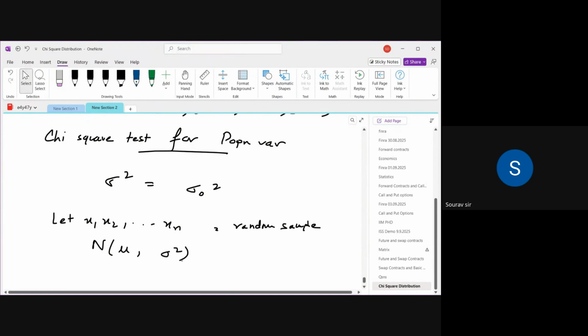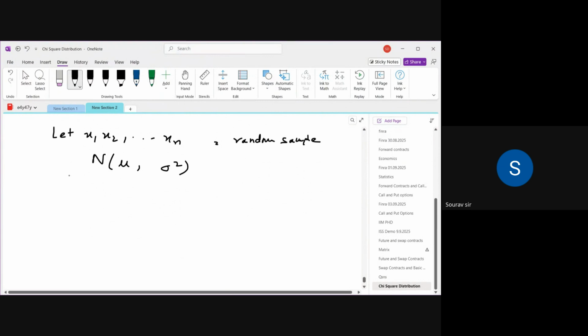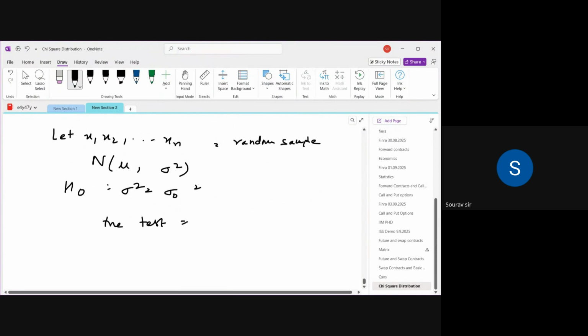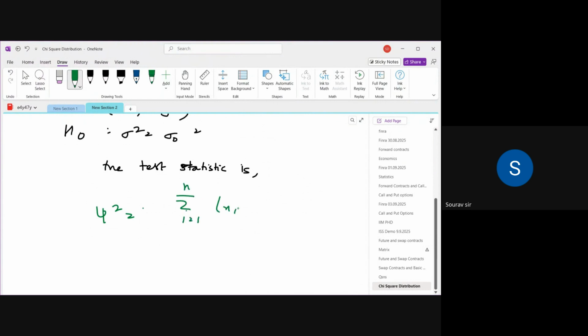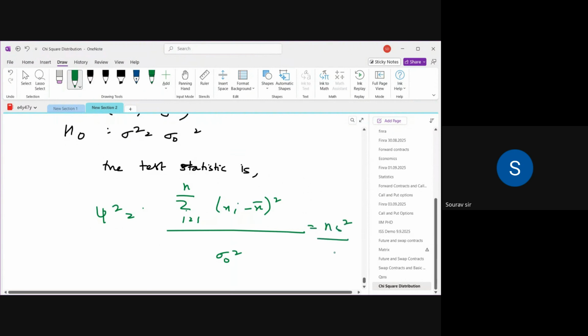So to test, again we set the null hypothesis and the alternative hypothesis, with sigma square. So the test statistic will be summation i from 1 to n of (xi minus x bar) square by sigma naught square, that is n s square by sigma naught square.